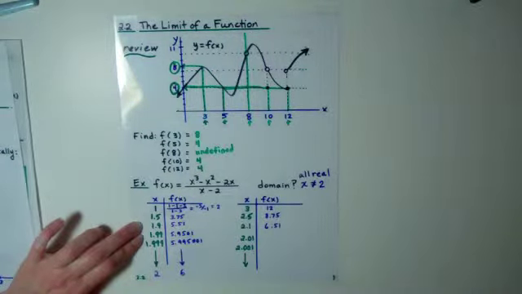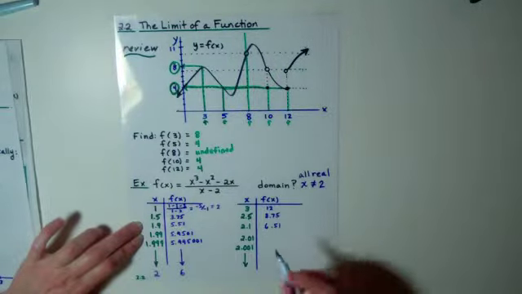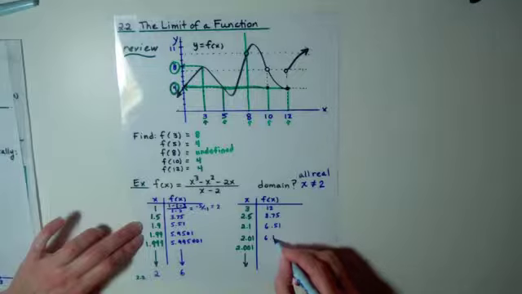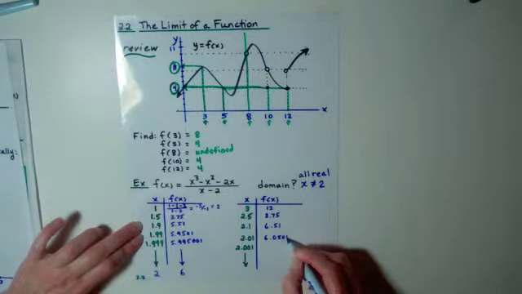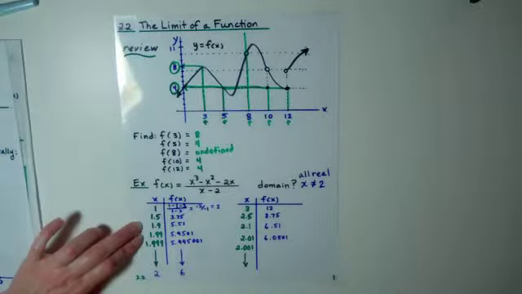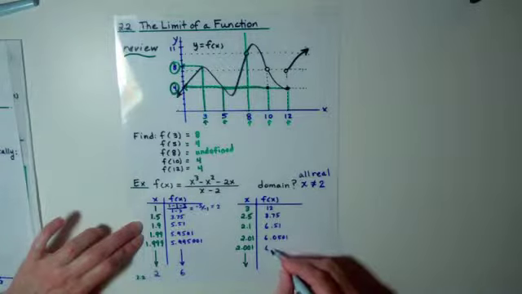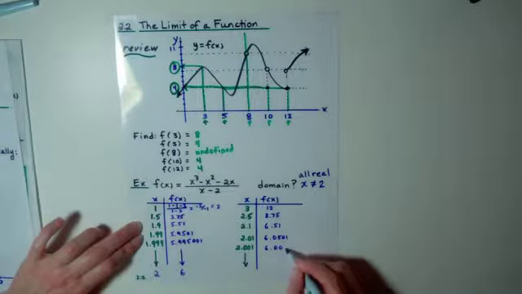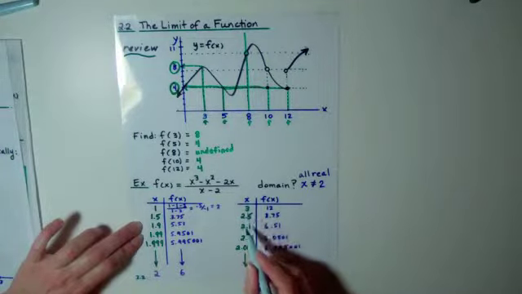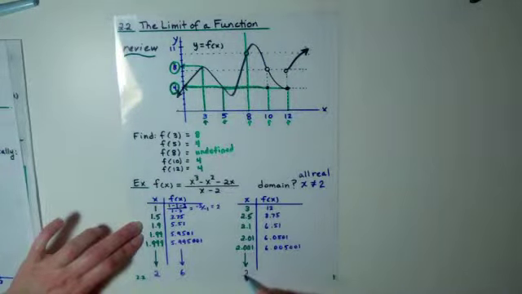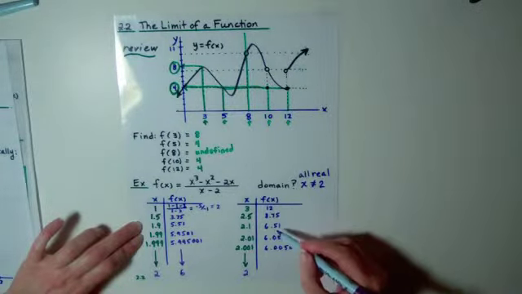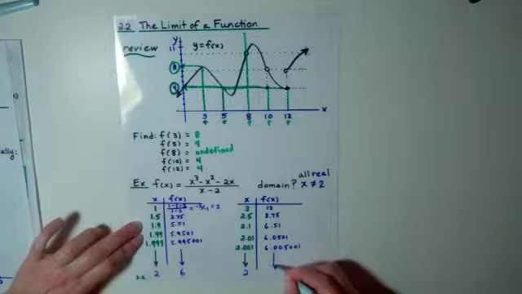When I put 2.01, a number very close to 2, but again not equal to 2, I get 6.0501. And when I put in 2.001, I get 6.005001. These x values are getting closer and closer to 2 through values that are a little bit larger than 2 in this case. And notice that the output values are again getting closer and closer to 6.